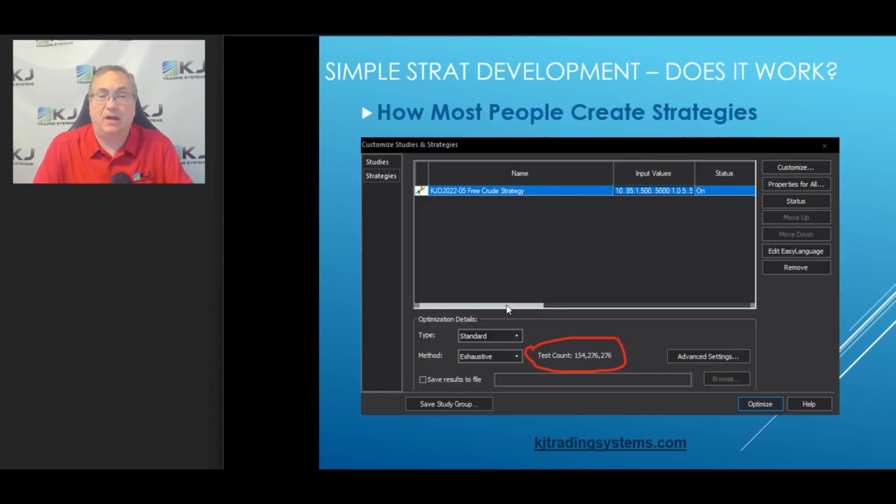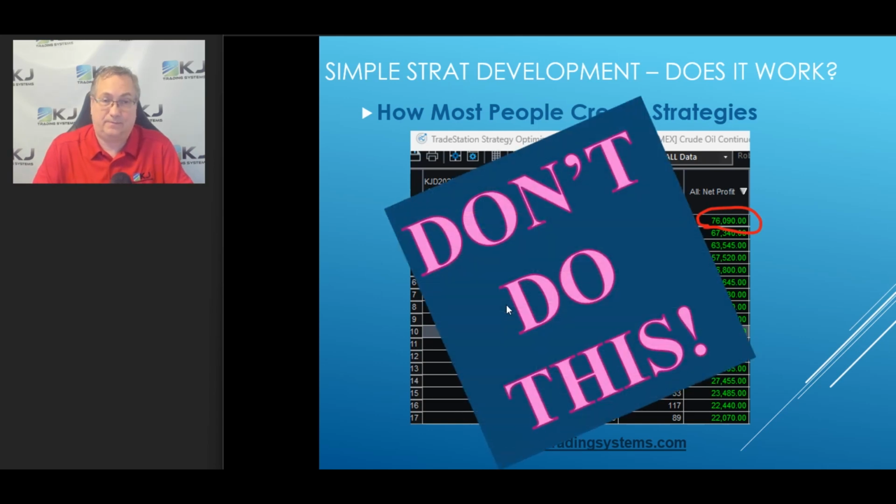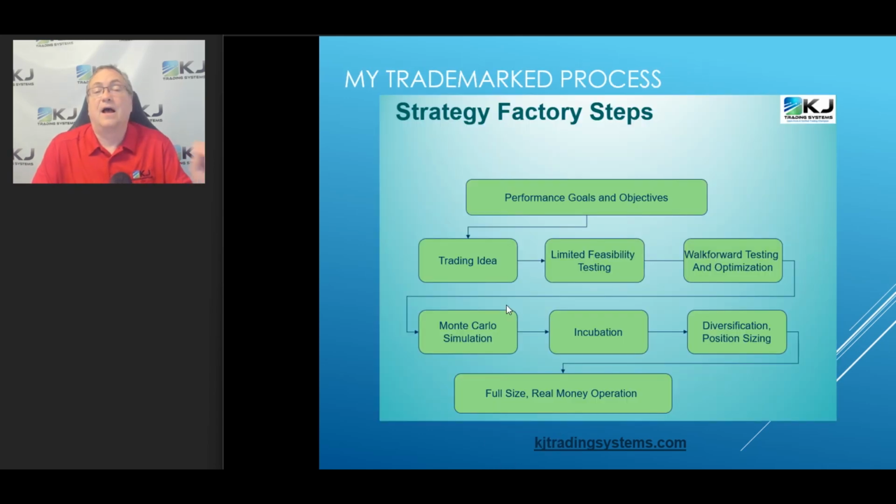Having millions or hundreds of millions of iterations, that's bad. Picking the best parameters, the best net profit, or the best whatever objective function you use to say what's best, taking the best one and trying to trade it live, bad. Don't do any of those things. Now, what I'm going to show you today, I use this process, which does include some optimization, but not like most people do.